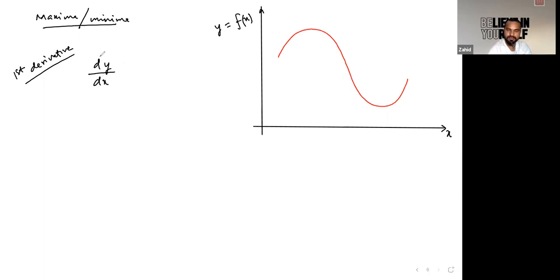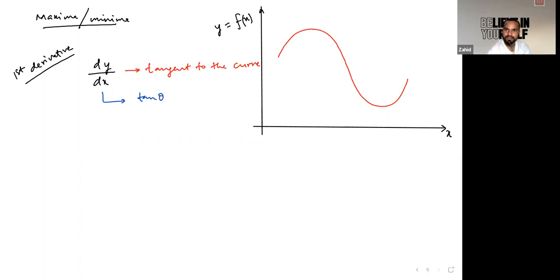This particular term, on the basis of the graph, will define the tangent to that particular curve at any instant. In terms of slope, this will define tan theta at a given instant.